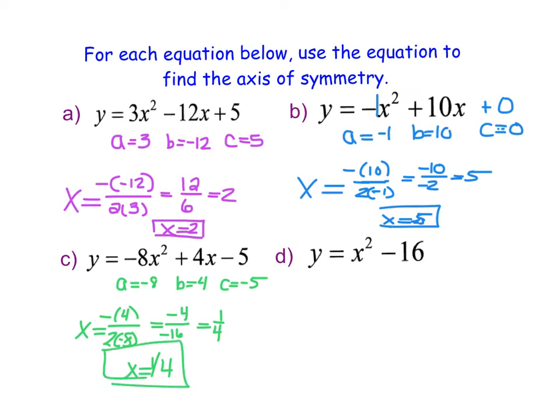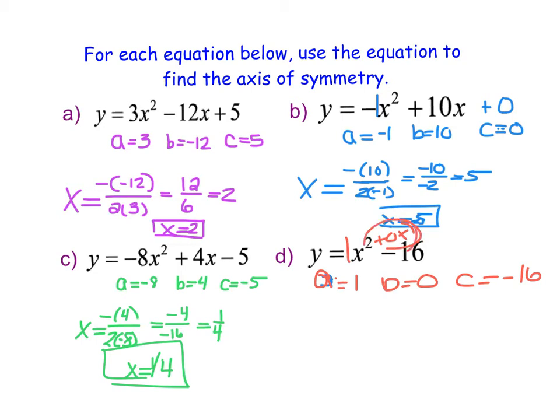And then final example here, I can see that I have an a value that is equal to 1. I then notice that there's no x term in the middle, so there's really a plus 0x in there. So my b value is really equal to 0, and my c value is equal to a negative 16. So be careful here.